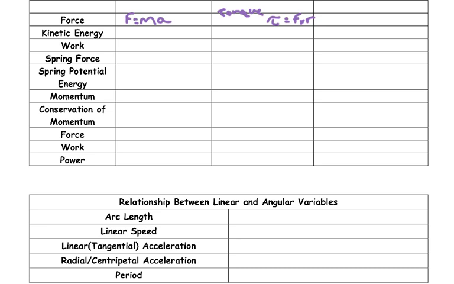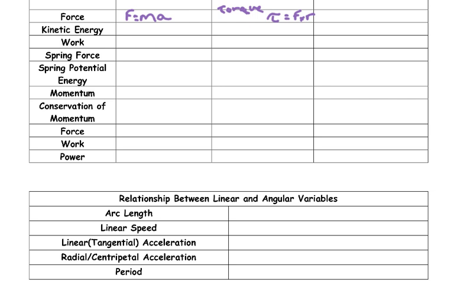So the link here between force and torque is the radius, but we can also find the net torque by taking the angular analog of mass, which is rotational inertia, and multiplying that by the angular acceleration. So there are two ways to solve for torque, and it's going to depend on what the situation is you're looking at.